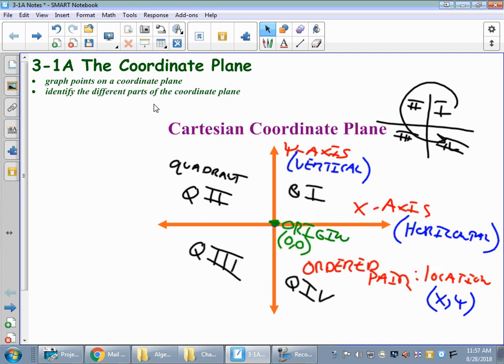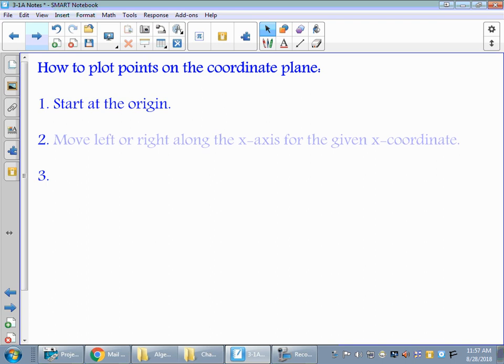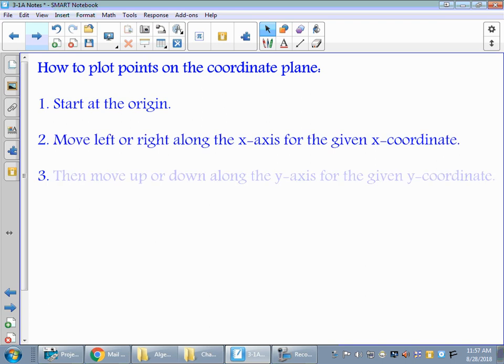All right, next up, we're going to practice some plotting points here. Let's talk about how we do it. The first step in plotting points is we're going to start at the origin, point 0, 0, and then we're going to move left or right along the x-axis for a given x-coordinate, and then we're going to go up and down for the y-coordinate. Okay?